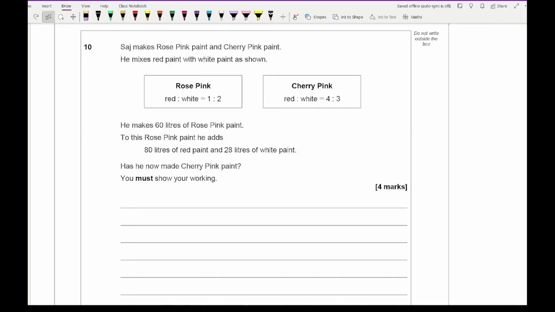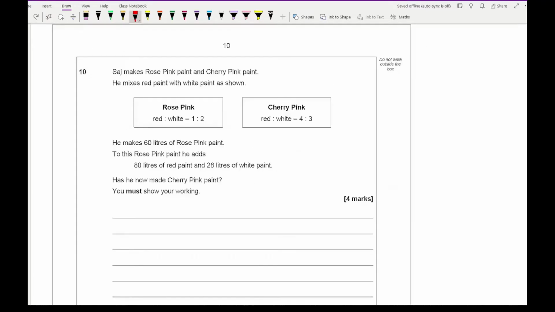So the first thing we need to do is work out how many litres of the rose pink paint he has made. Now there are several ways in which we can answer this particular question. How I'm going to go through it is, first of all, to work out, have we got enough of the red and white paint? So for this, what we need to do first is work out how much we've got from making 60 litres of rose pink paint. So we need to divide 60 litres in the ratio of 1:2.